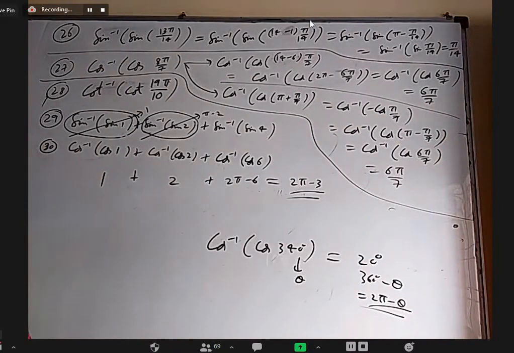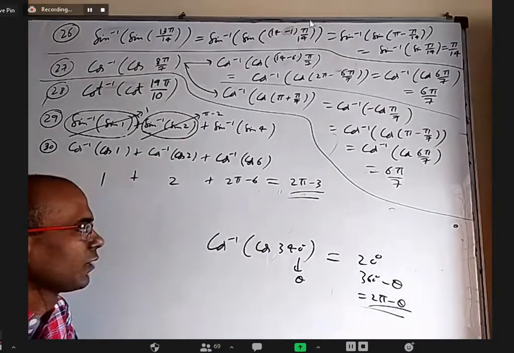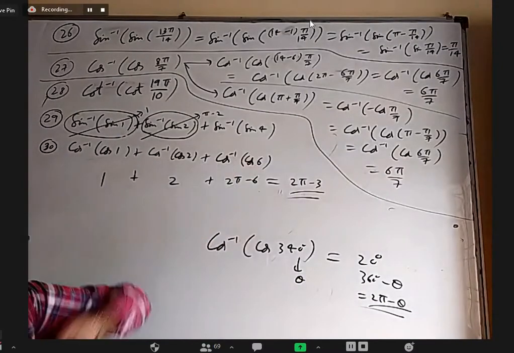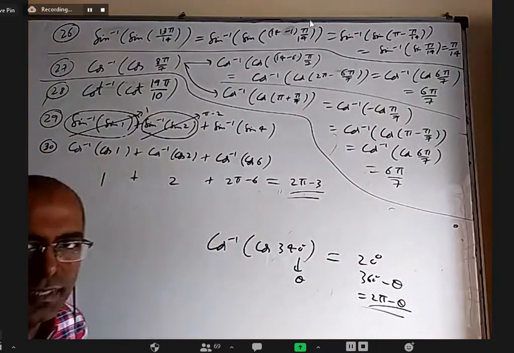Is it okay, the 30th one? No, sir, why do it like that? Because this is not in the principal values. 6 radians is around 340 degrees, let us say.